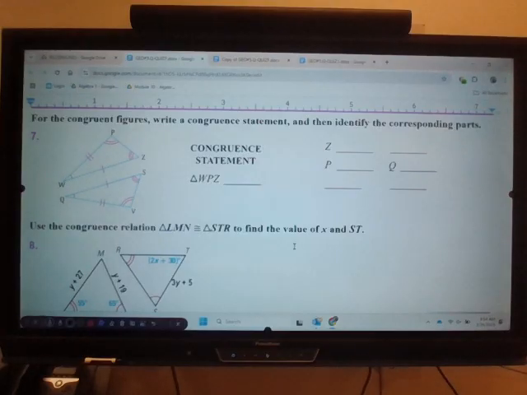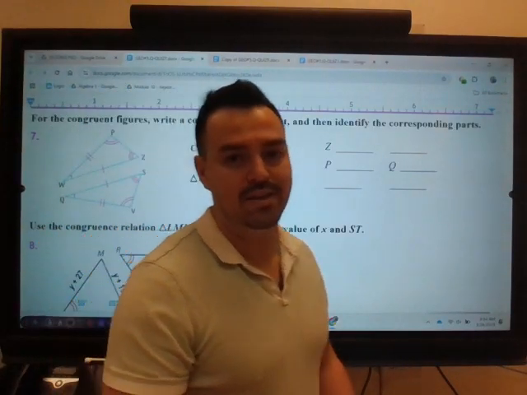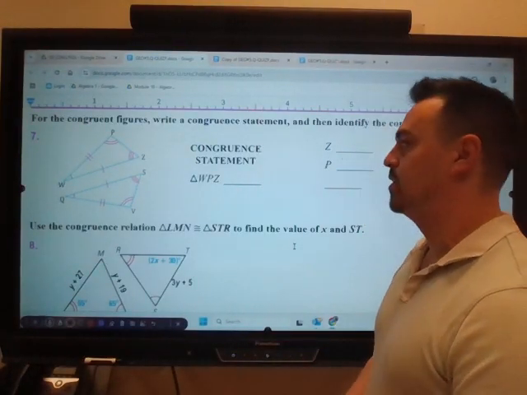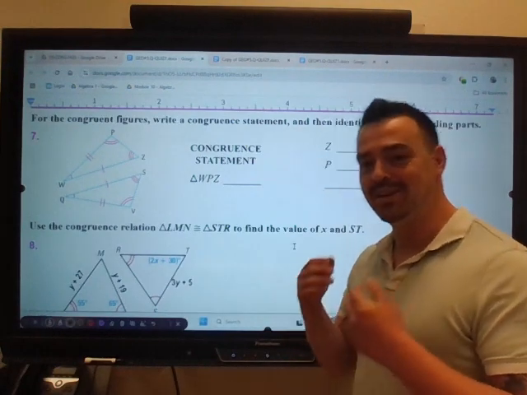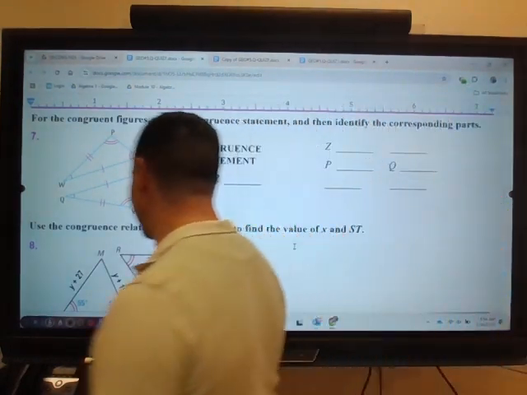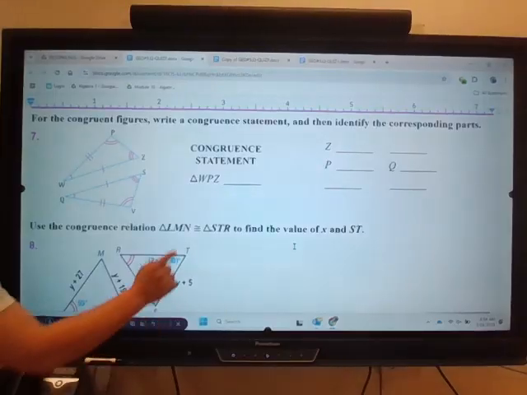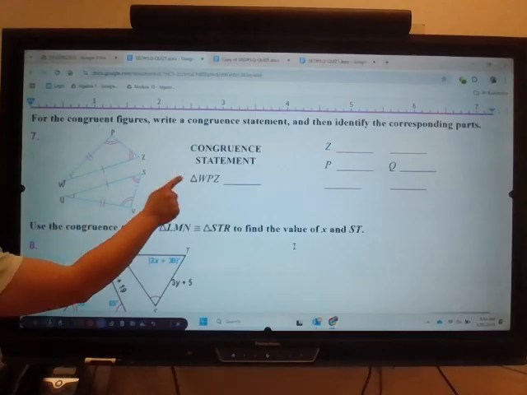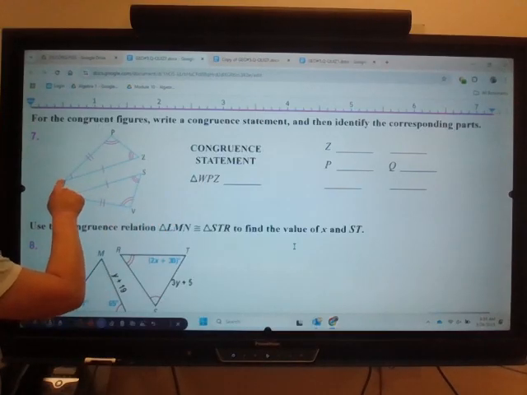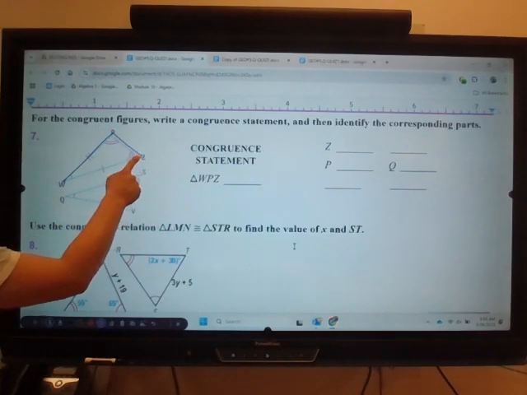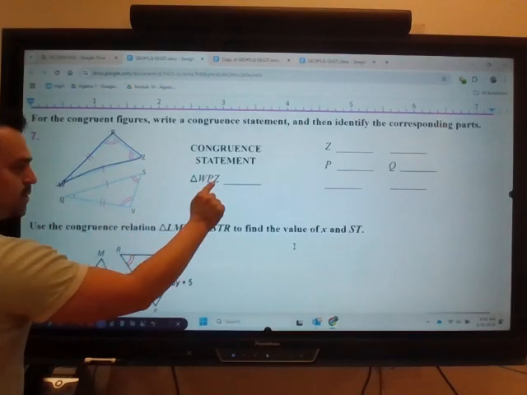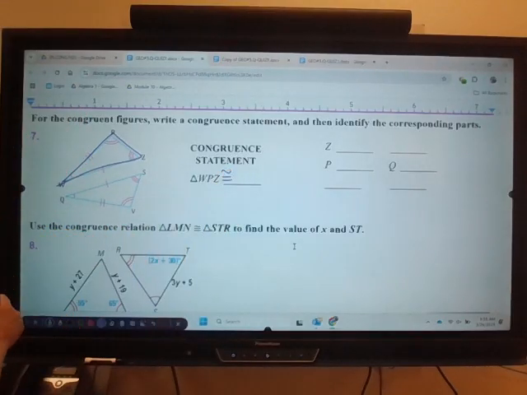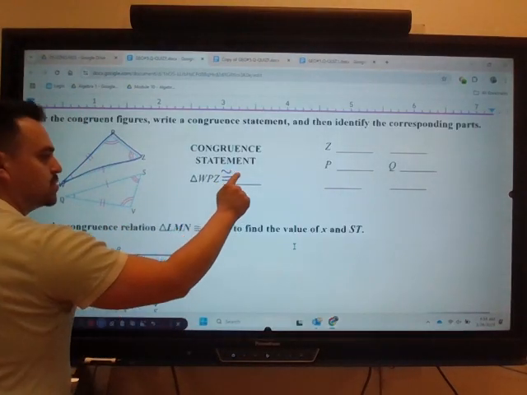All right. The next concept that comes into play in this section is congruence. We've talked a little bit about it. It's the fancy word for equality, but we use congruence in geometry instead of equality. So for a congruence statement, they want triangle WPZ, boom, is congruent to, it's an equal sign with this squiggly thing on top, is congruent to triangle.